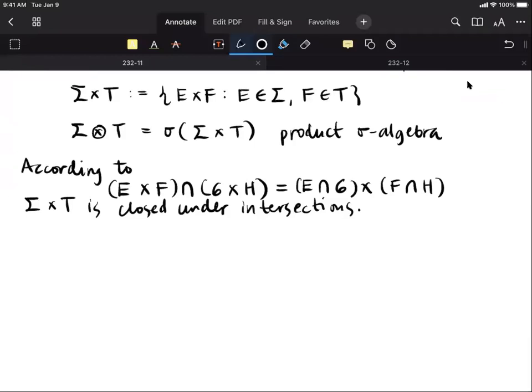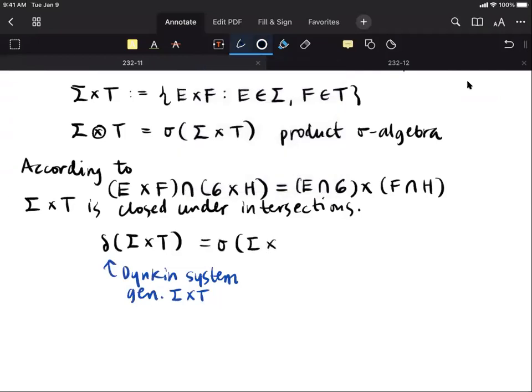So this implies that the Dynkin system generated by the Cartesian product Σ × T is the same as the sigma algebra generated by the Cartesian product. So put in another way, the product sigma algebra is also the Dynkin system generated by the Cartesian product of the two sigma algebras.